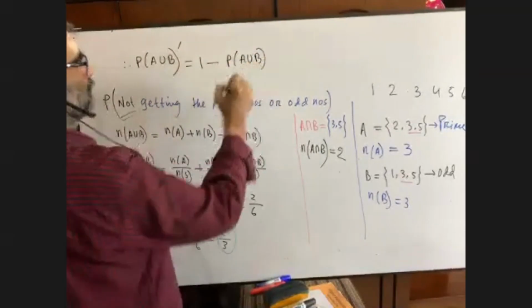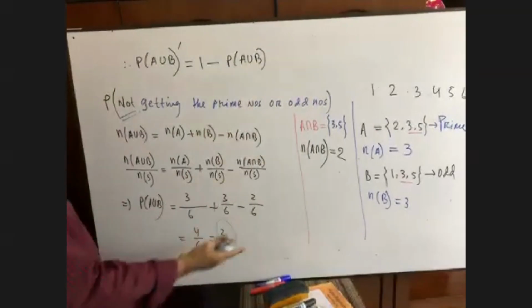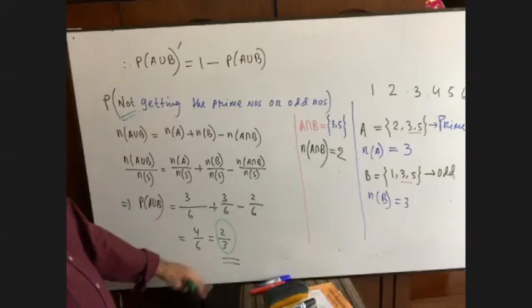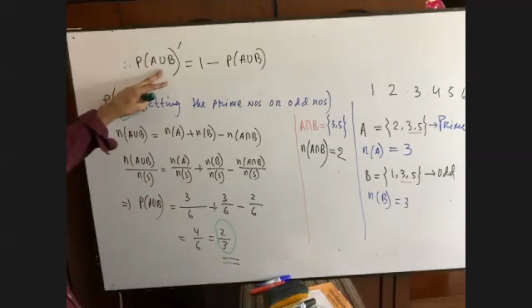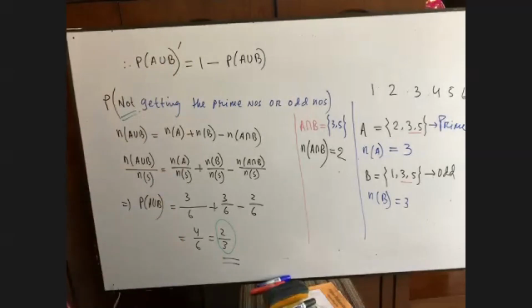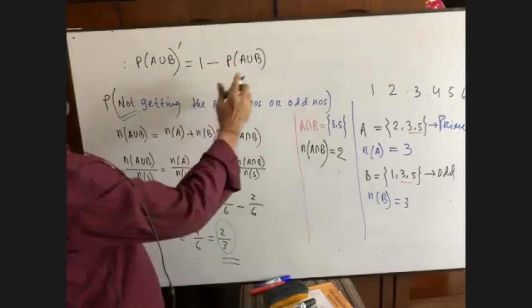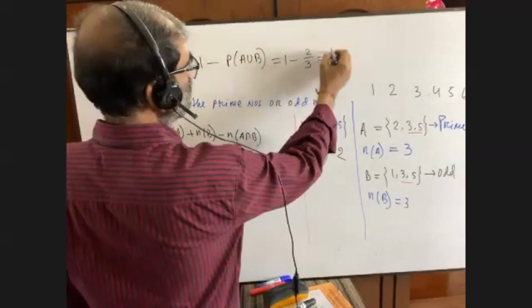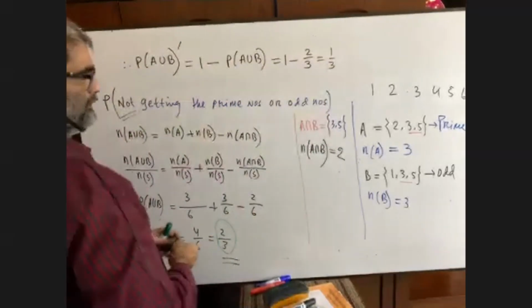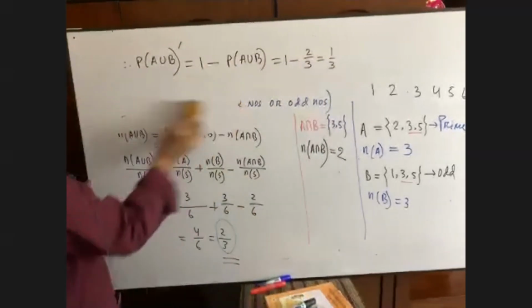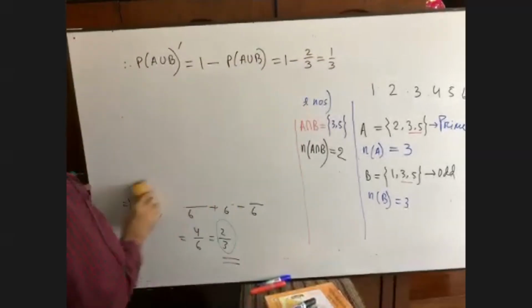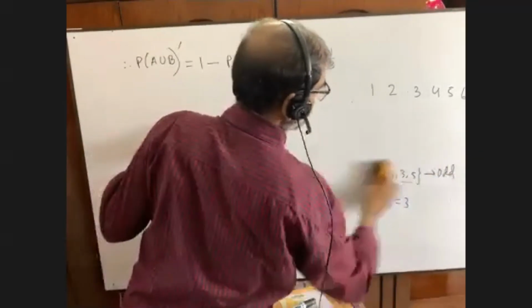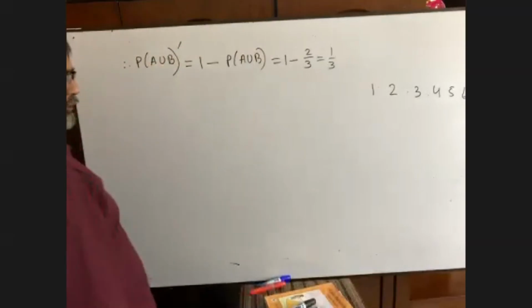You have to do as it is up to this. Then you have to write P of A union B prime, that means not. So 1 minus this. So 1 minus 2 by 3 is equal to 1 by 3. Is it okay? Are you getting me or not?